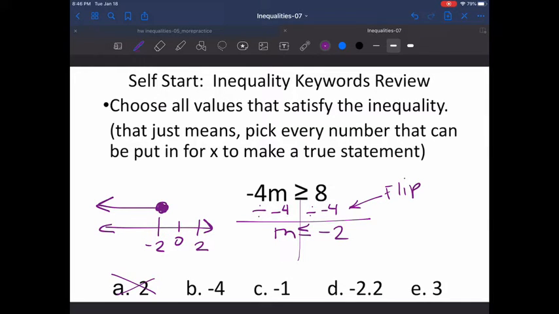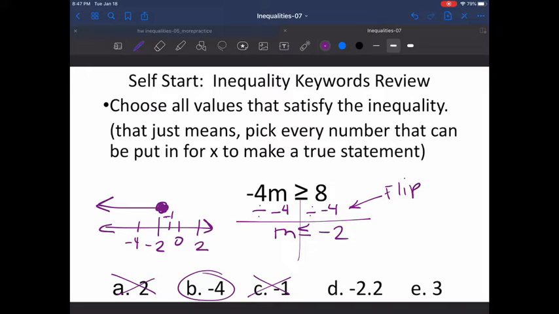B says -4. Well, once again, I'm just going to put -4 on my number line. It falls inside our solution, so B equals -4 would be part of our solution. C is -1. -1 is a little bit tricky. Here we have between 0 and 2. That would be -1 right there. And as you can see, it falls outside of our solution, so that is not correct.